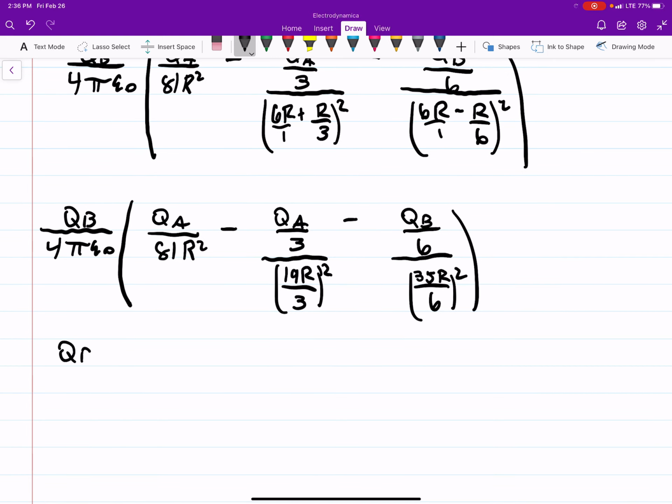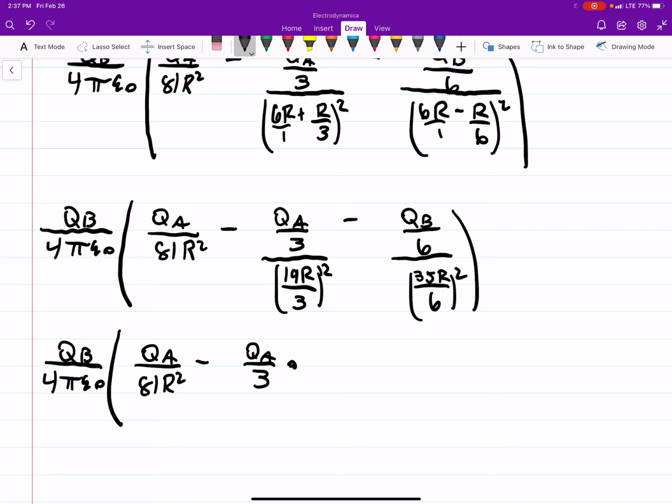So QB over 4 pi epsilon naught. We have a QA over 81 r squared minus QA over 3 times, so I'm going to flip my bottom fraction and square everything.